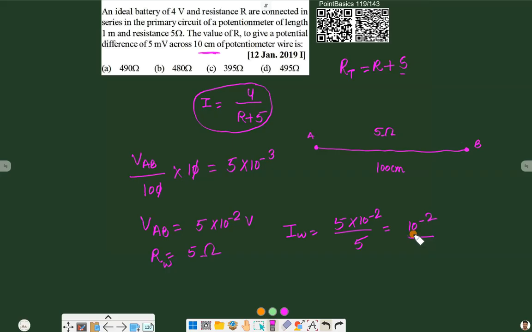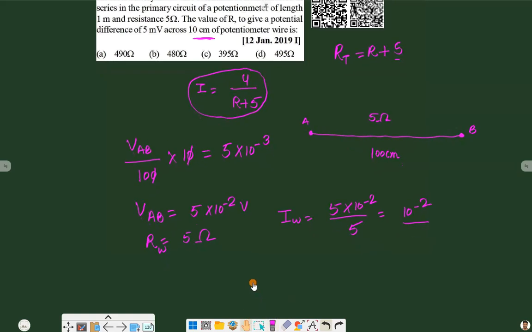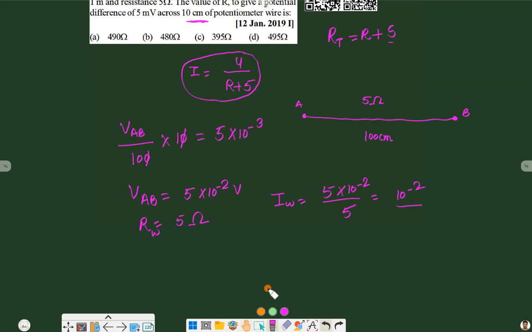As this is a series circuit, the circuit's current should equal the current of the wire. So 4 by R plus 5 is equal to 10 raised to power minus 2, or 1 by 100. Solving this, R plus 5 is equal to 400, and from this R is equal to 395 ohm. That is option C.